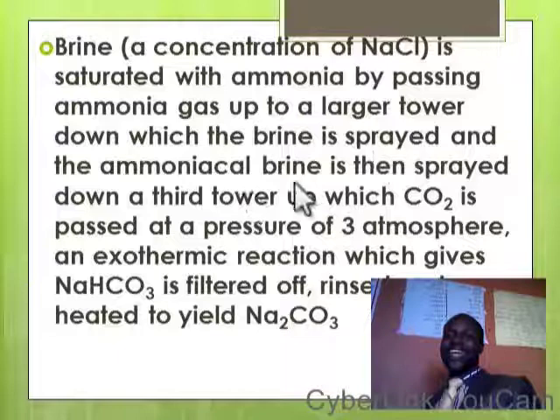Brine is saturated with ammonia by passing ammonia gas up a large tower down which the brine is sprayed. The ammoniacal brine is then sprayed down a third tower, up which carbon(IV) oxide is passed at a pressure of 3 atmospheres, an exothermic reaction which gives sodium hydrogen trioxocarbonate(IV), which is filtered off.